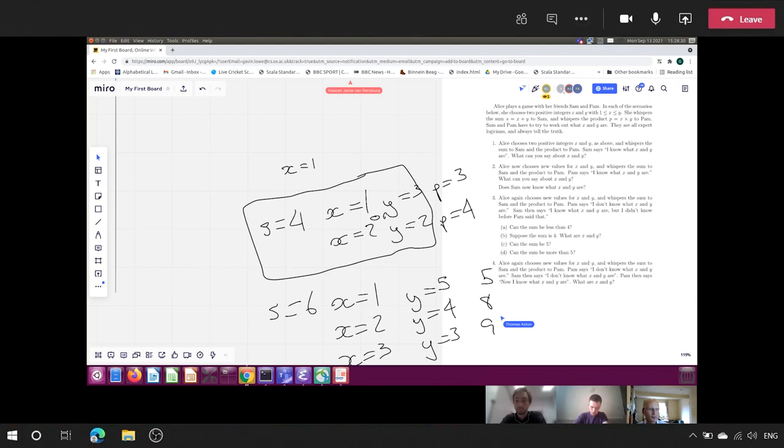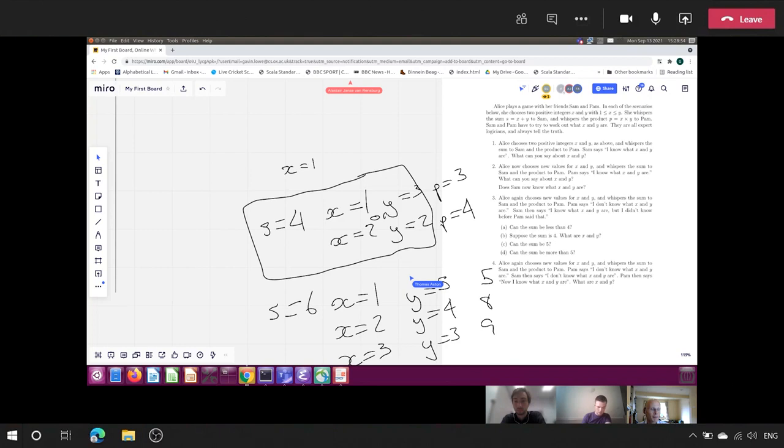Pam only knows what x and y are, without any additional information, when x is 1. However, since x is less than y, x is 1 only occurs once. So the additional knowledge that Pam doesn't know what x and y are only eliminates the x equals 1 case every time.